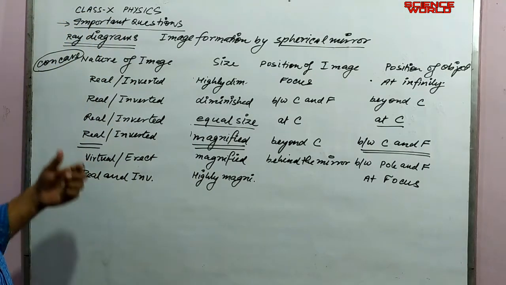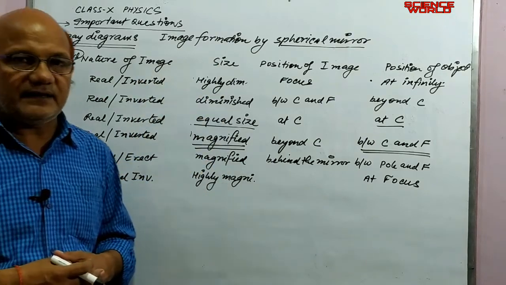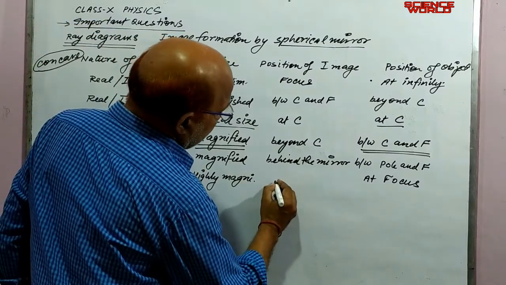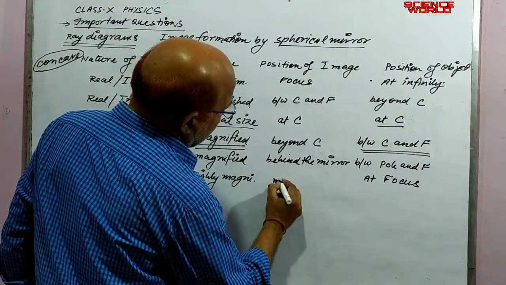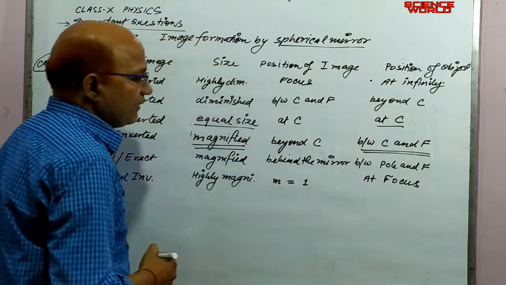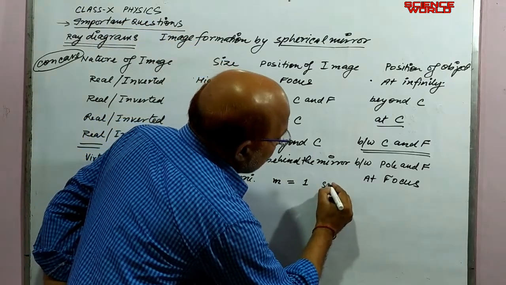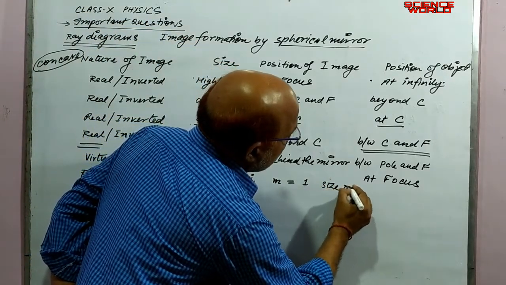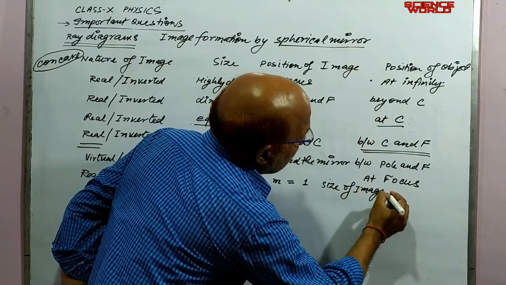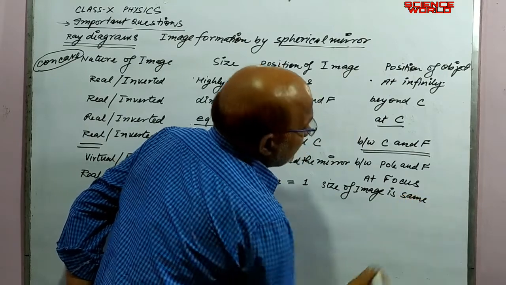Now, we will discuss how size of image is related to its magnification. As you know, if magnification is 1, what does it mean? It means size of image is same as object.